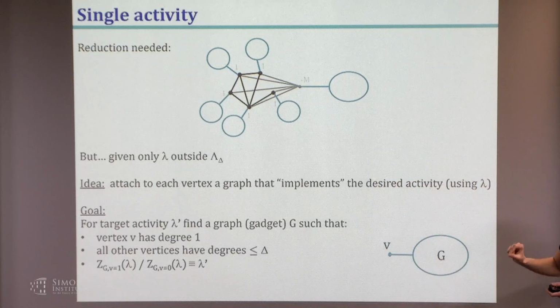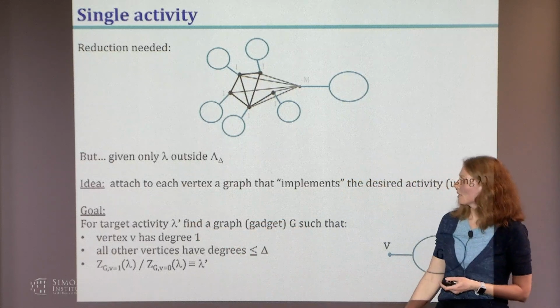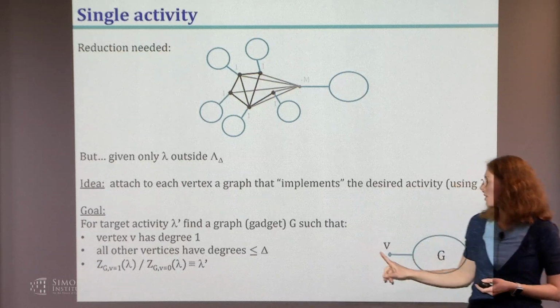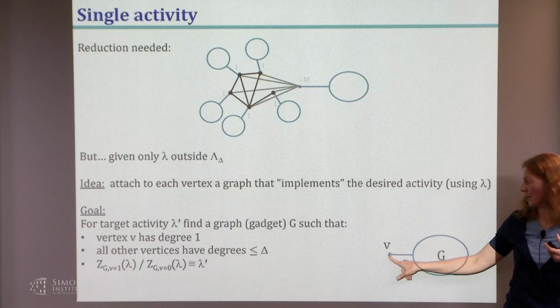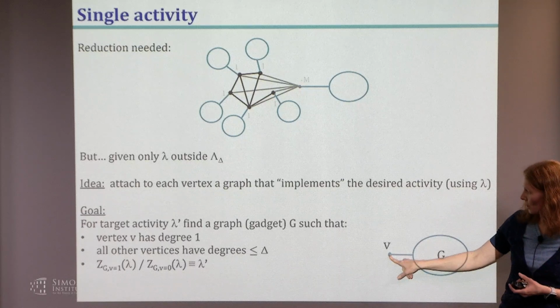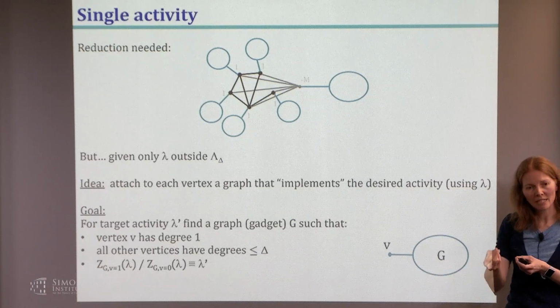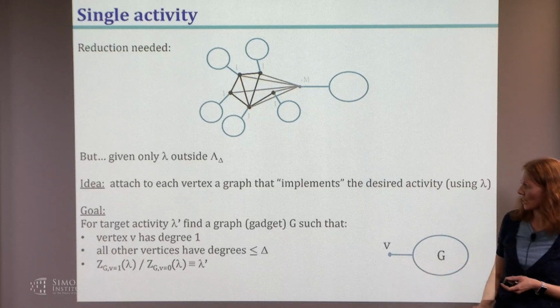So we take our target activity lambda prime, and we're going to create a graph gadget where we have one special vertex, v, the vertex that we are going to use to attach to, and that has degree 1. Because by attaching the gadget, we are going to increase the degree, so we don't want to have very large degree at this vertex.